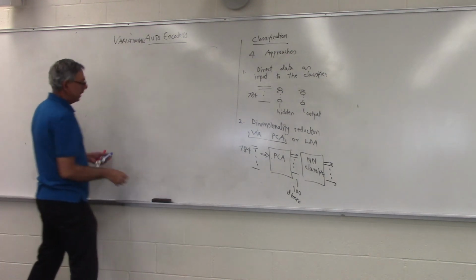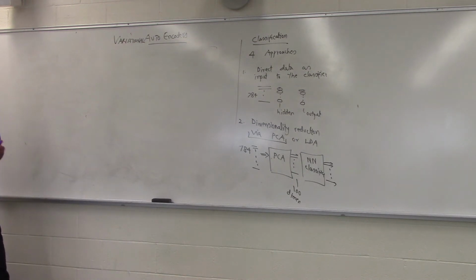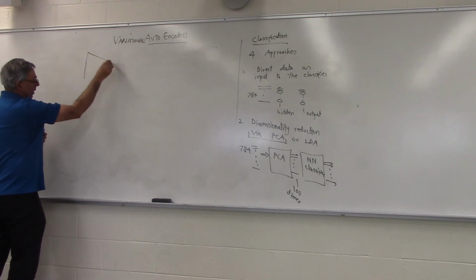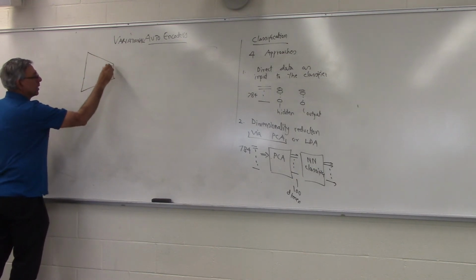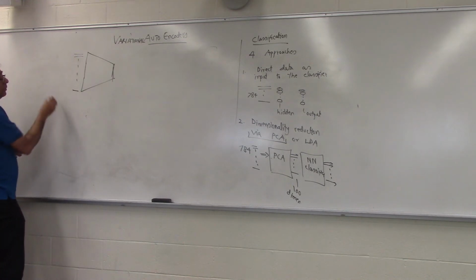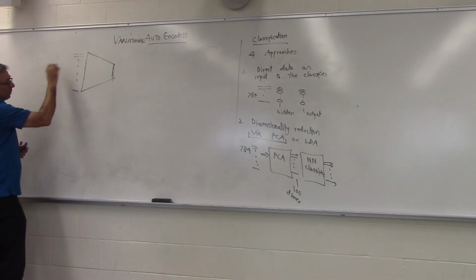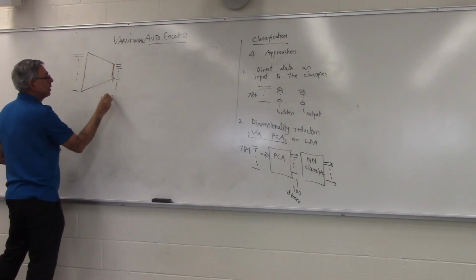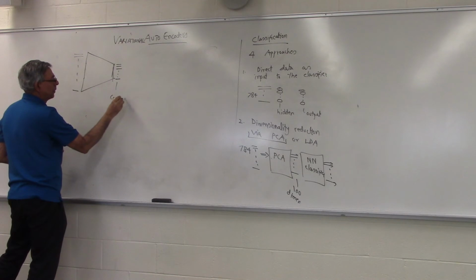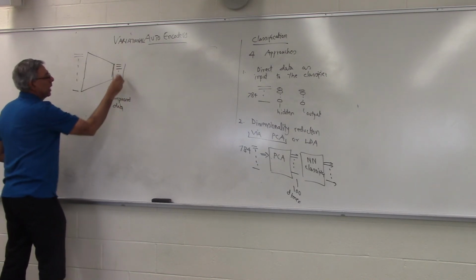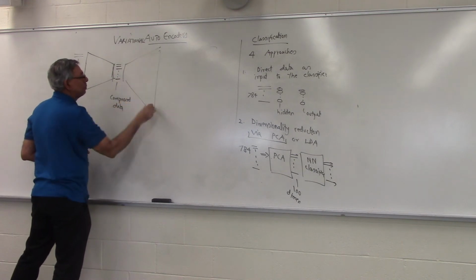Okay, so first let me explain the central idea. The idea is like this. Let's say we compress. We have some input, regardless of whether it's a face or a person or an MNIST digit, and we come up with compressed data. Now we decompress.